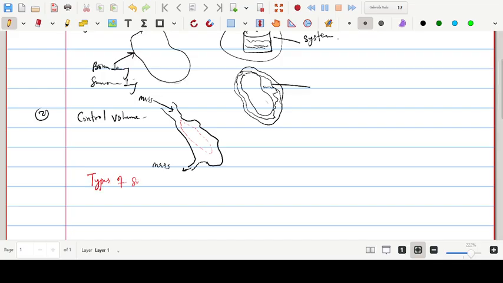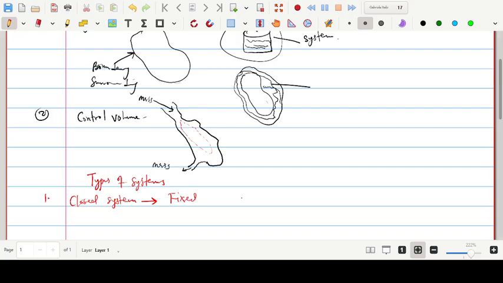Types of systems. Number one, we have a closed system. When a system is closed, number one, there is a fixed mass involved.